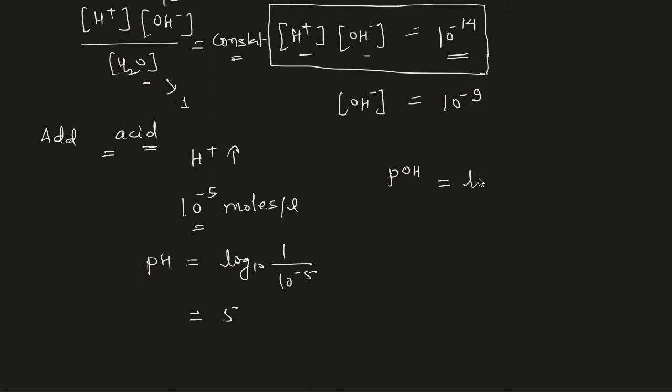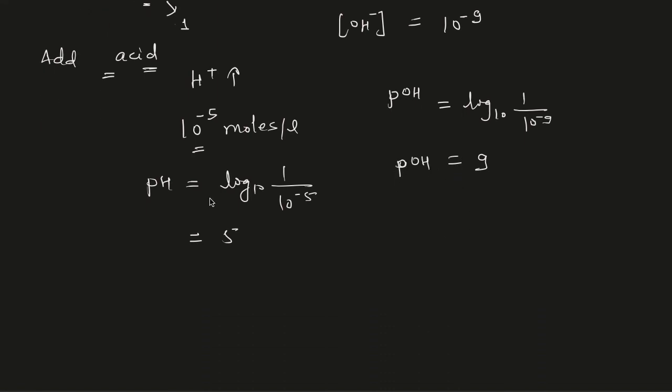And if we calculate pOH in a similar way, it will be log 10 of 1 upon 10 to the power minus 9. So from here we get pOH to be 9. And so from here we can see that pH plus pOH is also a constant, and that constant is 14.